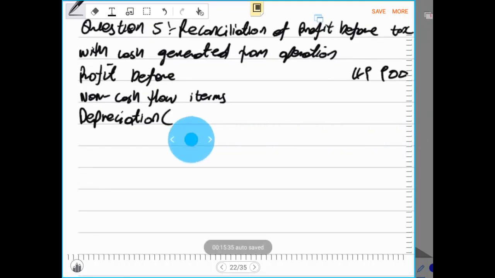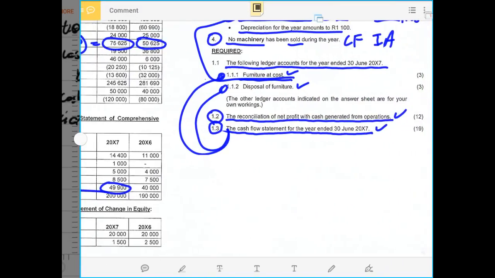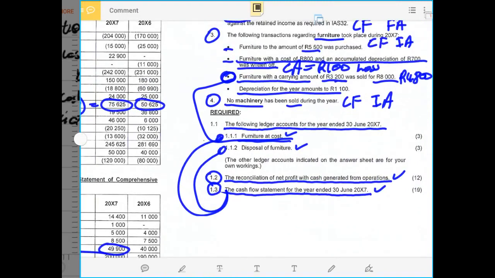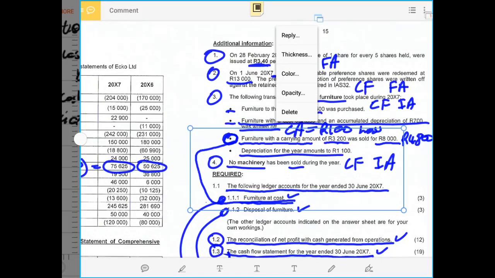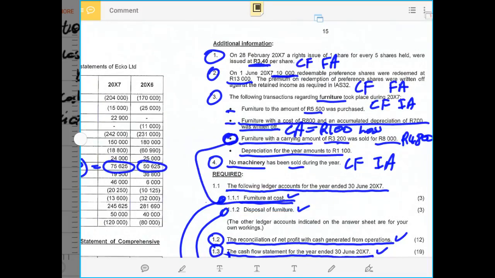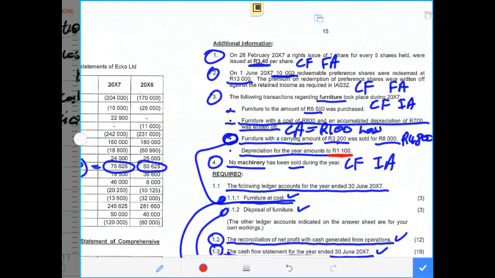And one of the additional information told us that depreciation for furniture, that was the fourth bullet point under additional information number 3, was an amount of 1,100, the last bullet point. It said depreciation for the year amount to 1,100.